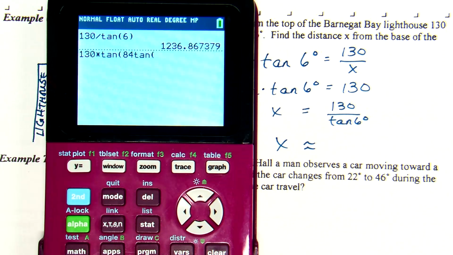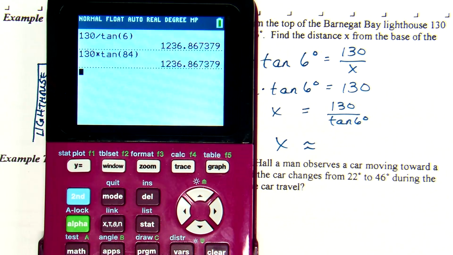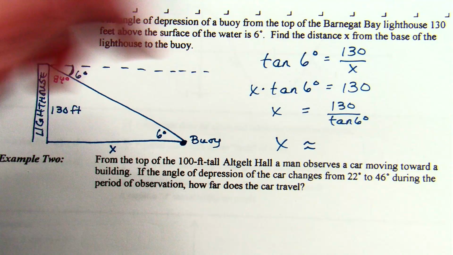Okay, I have my answer to 2 decimal places: 1236.87, and that label is going to be feet.